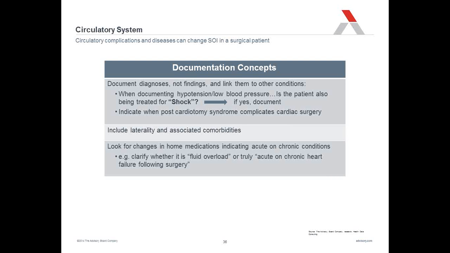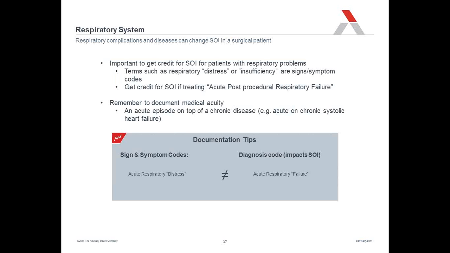So within the circulatory system, remember that documenting hypotension, low blood pressure, is not equivalent to stating that the patient has shock. If the patient does have shock, you should document that very clearly. Make sure that you include laterality or any other associated comorbidities, and look for changes in home medications that might indicate acute on chronic conditions.